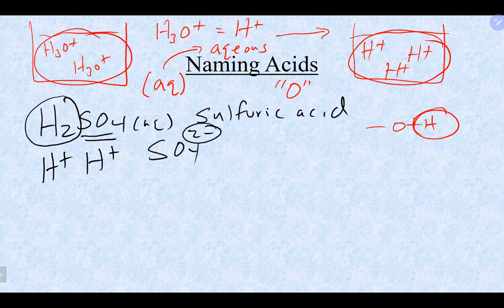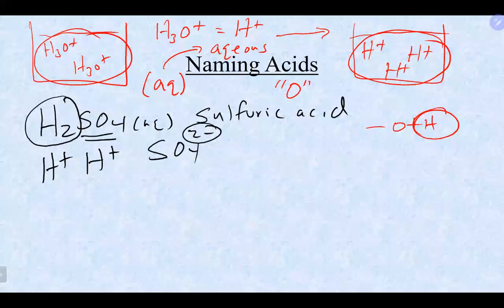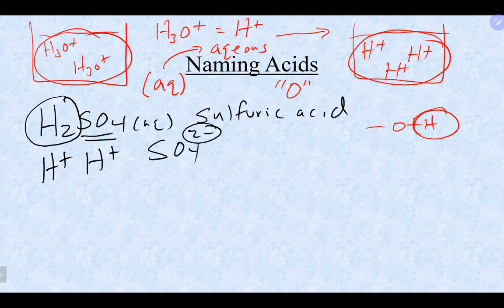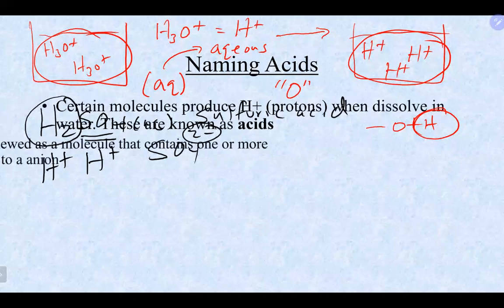So it has no effect on the name. The 2 after the hydrogen is still sulfuric acid, but that is balancing it out. Again, acids can be thought of as ionic compounds, positive guy H plus, negative guy, whatever it may be, put together to equal 0 when you write the formula. Any questions on that there?